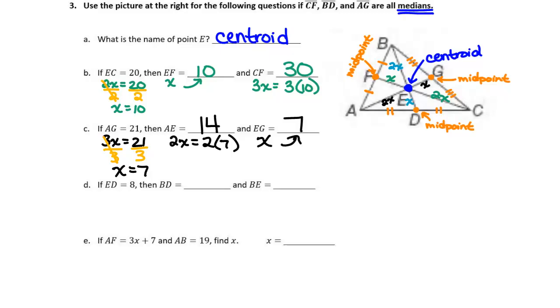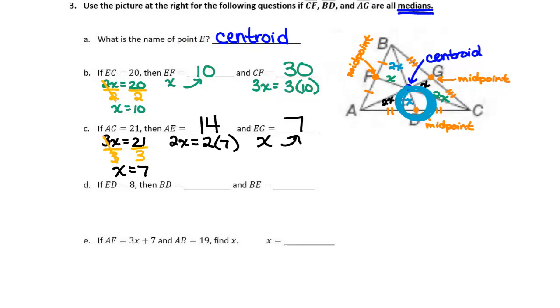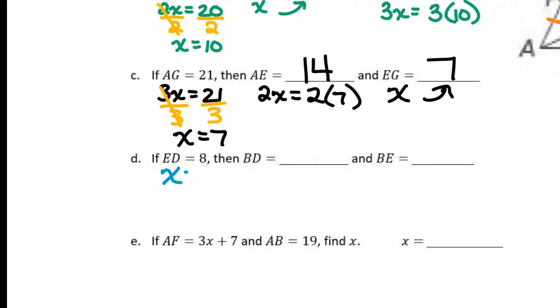Part D says ED, this right here, is 8. Is that 1x, 2x, or 3x? 1x, so x equals 8.